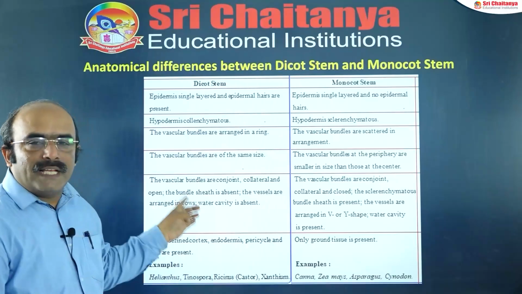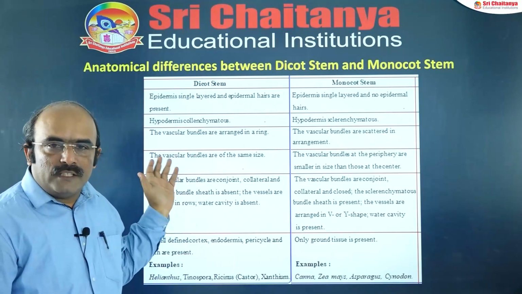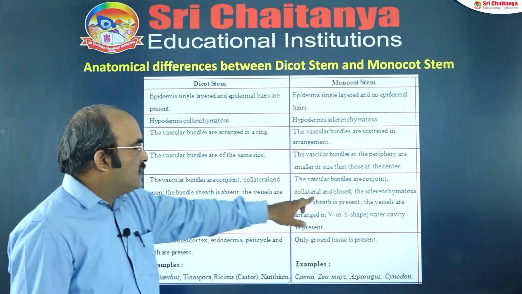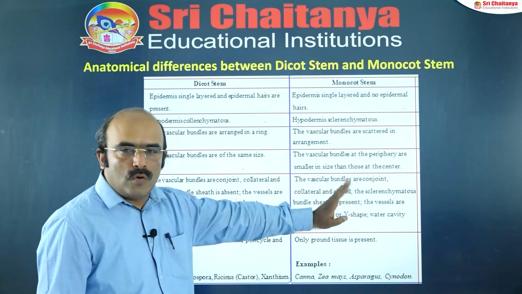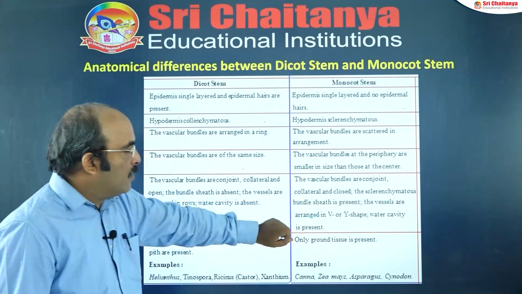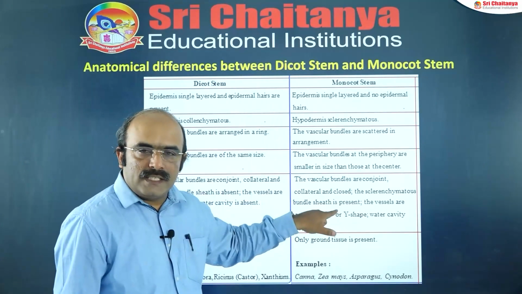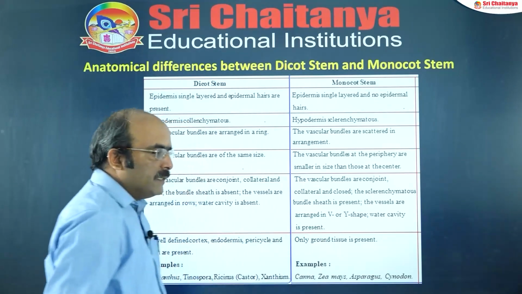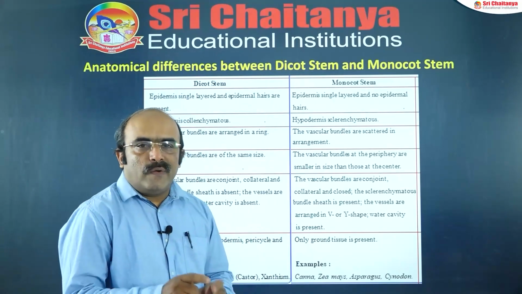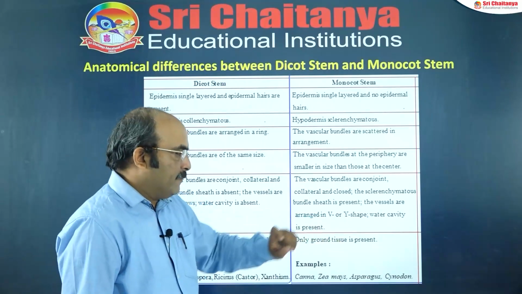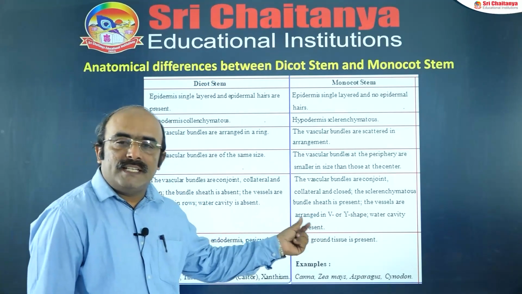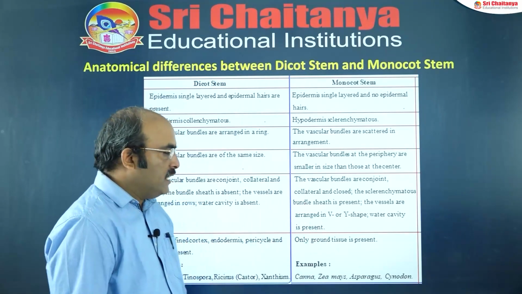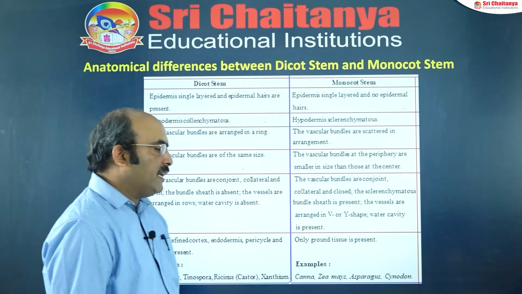And you find that the vascular bundles are conjoined, collateral and open, whereas here they are conjoined, collateral and closed, and each vascular bundle has a sclerenchymatous bundle sheath. Another point which is very important here is the vessels are arranged in the shape of Y, and they have a water containing cavity in the vascular bundle. Each vascular bundle has a water containing cavity.